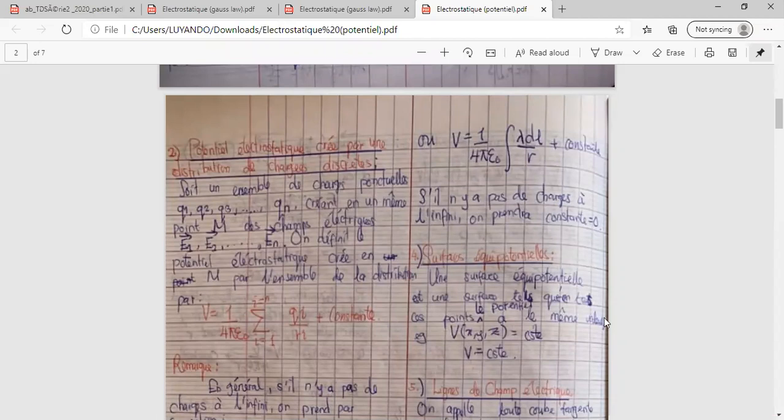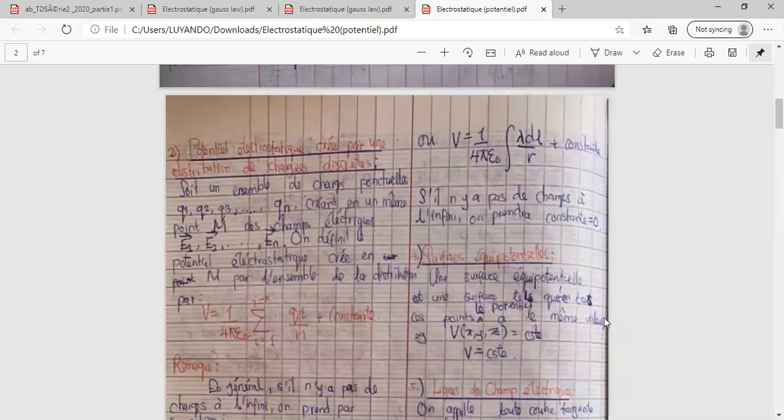An equipotential surface is simply any surface over which the potential is constant. In other words, the potential difference between any 2 points on an equipotential surface is equal to 0.